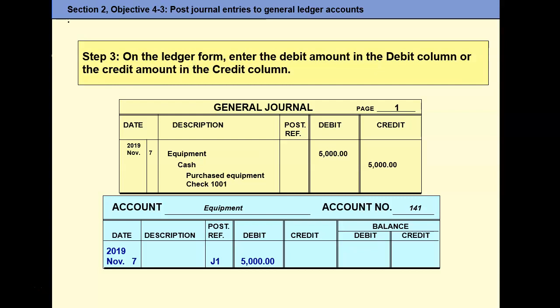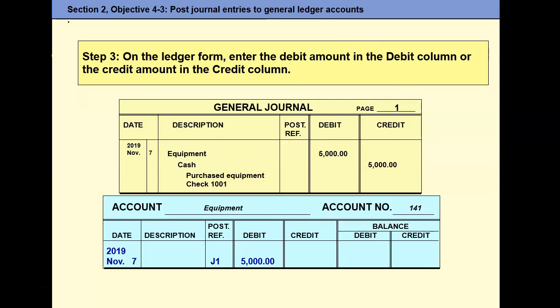Step 3 is to record the amount of the transaction into the appropriate debit or credit column of the ledger. For this third step, all you're doing is copying information from the journal into the ledger.